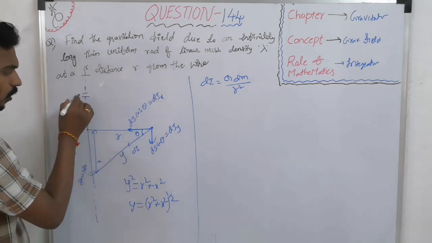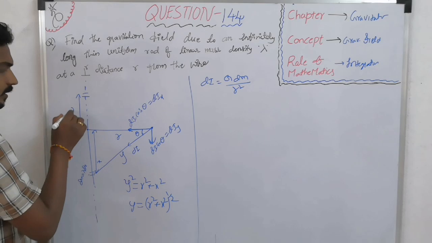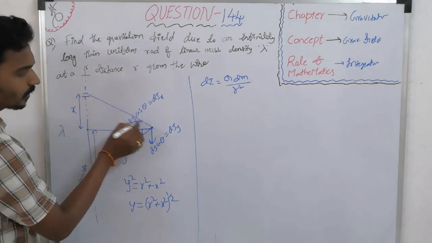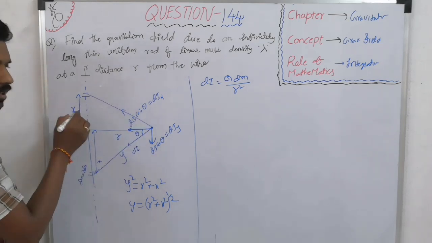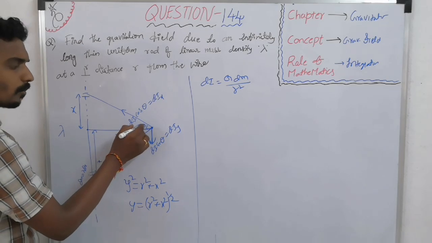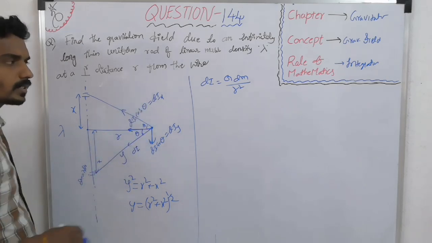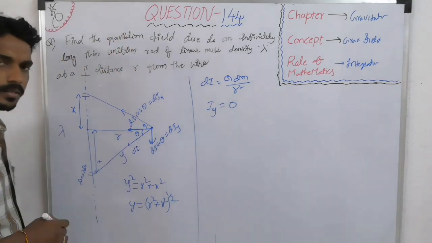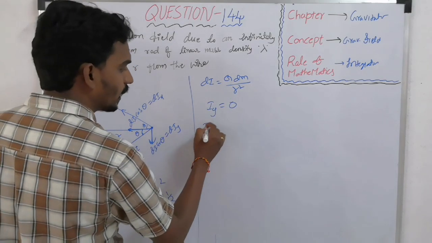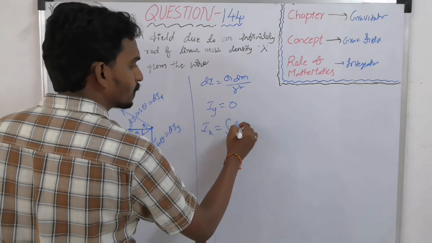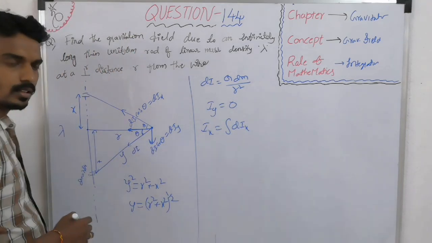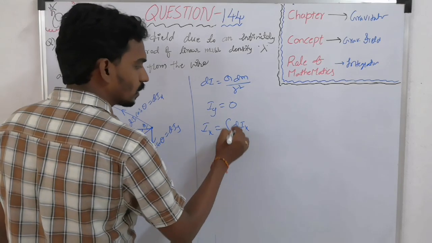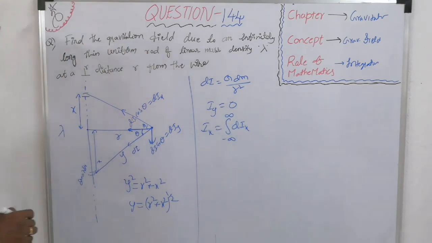If you consider one more element upside at the same distance, then its field will be towards it, so if you again divide into components, the vertical components cancel each other. So the resultant field along y will become 0. There is only field along the x direction, integration of dIx, from minus infinity to plus infinity. So that you can go for integration.